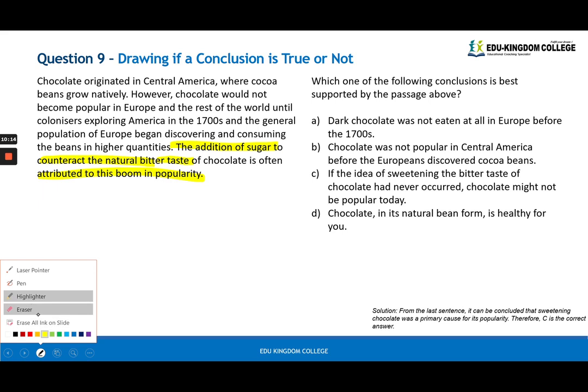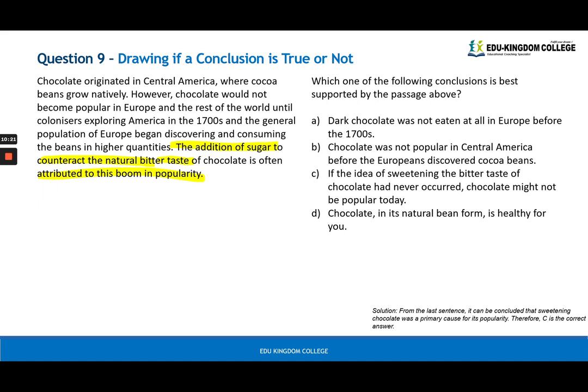So which one is best supported by this passage? We want to look for something that's to do with this sweetening. So the answer is C. If this idea of sweetening the bitter taste of chocolate had never occurred, chocolate might not be as popular as today. So that links directly to the popularity, to the addition of sugar, and to this natural bitter taste. So that's why C is the answer.